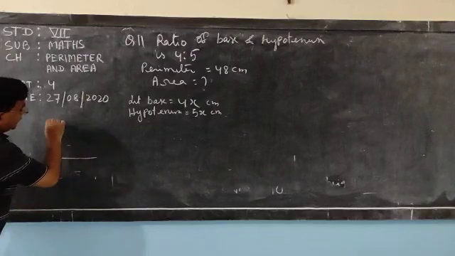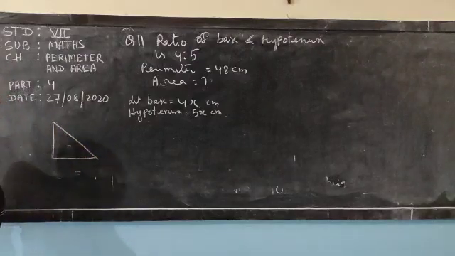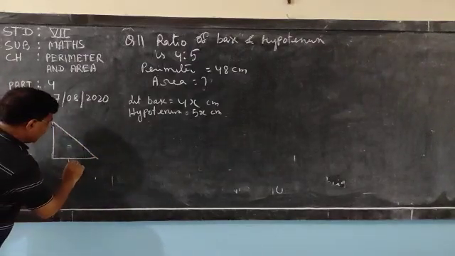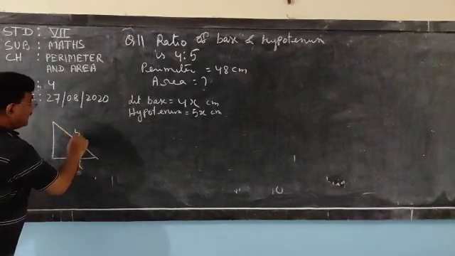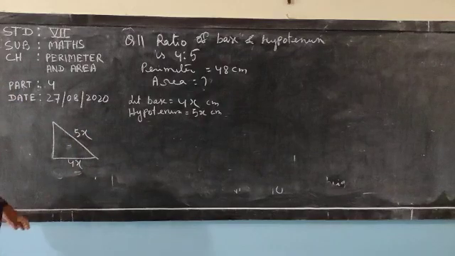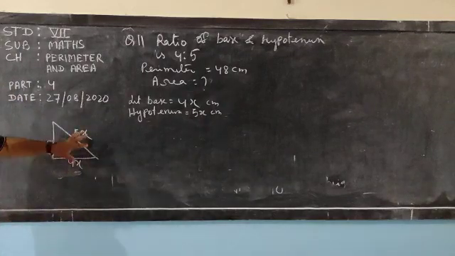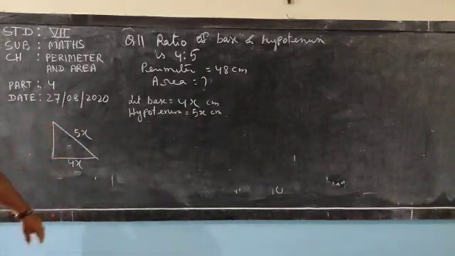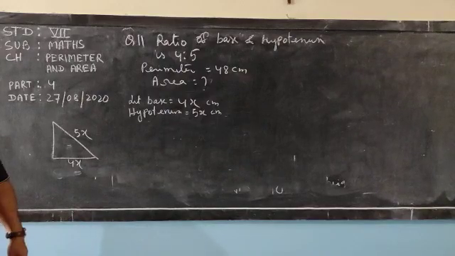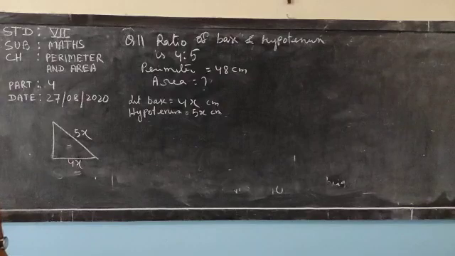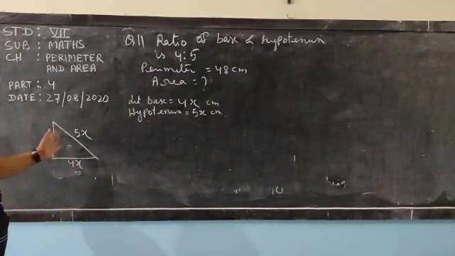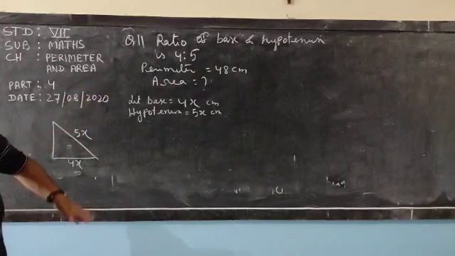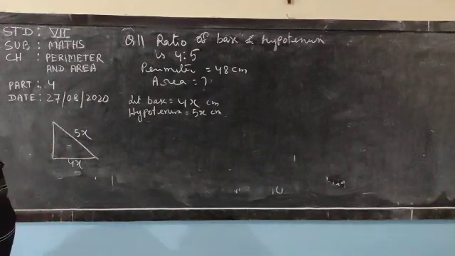Base is 4x and hypotenuse is 5x and perimeter, sum of all the sides, is 48 centimeter. We have to find area.